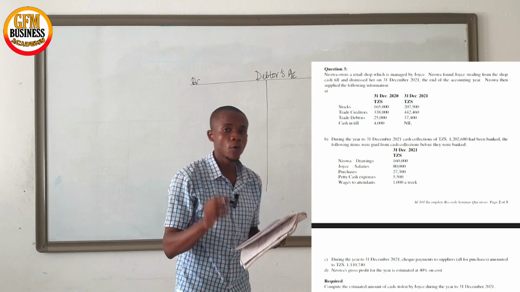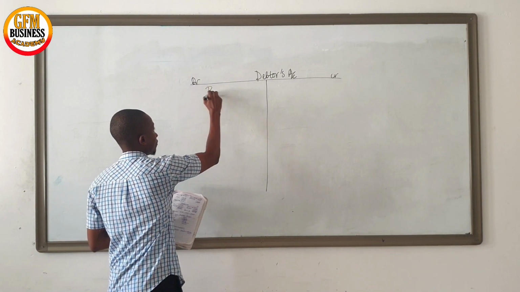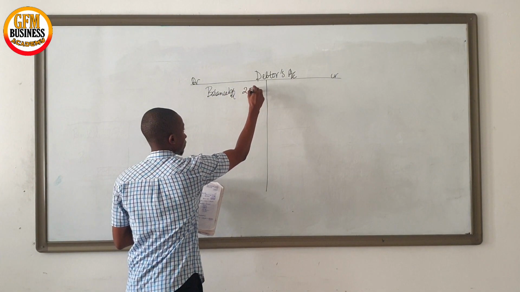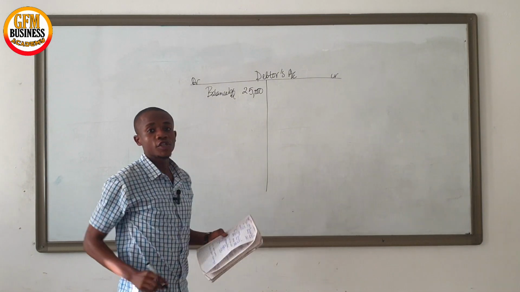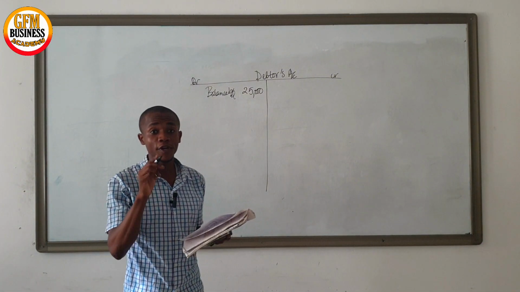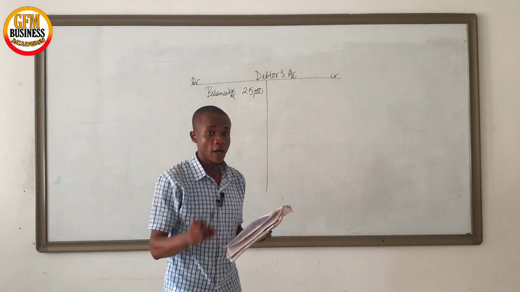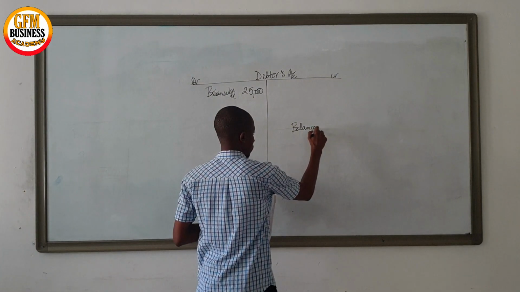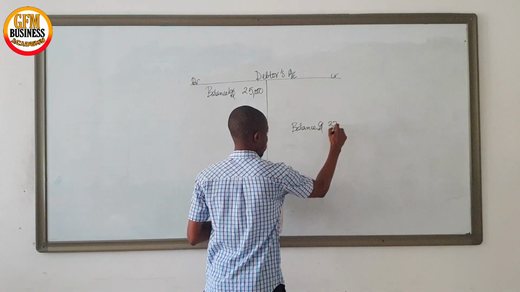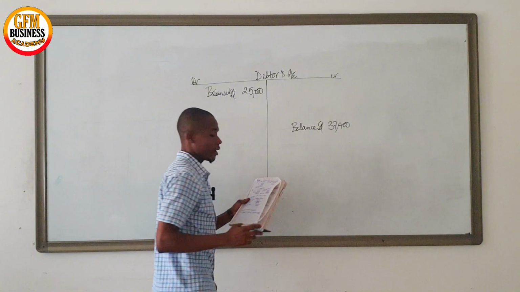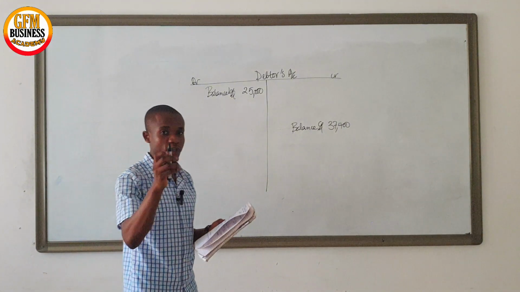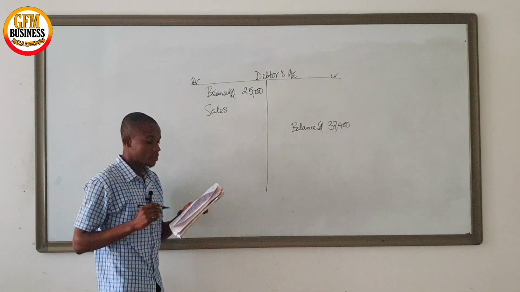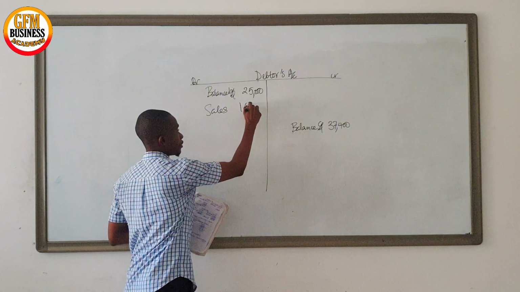Now, in the debtors account, we have already been given balance brought down, and we were also given balance carried down. What else were we given? Sales. Do you remember sales? Sales was 1,680,000.